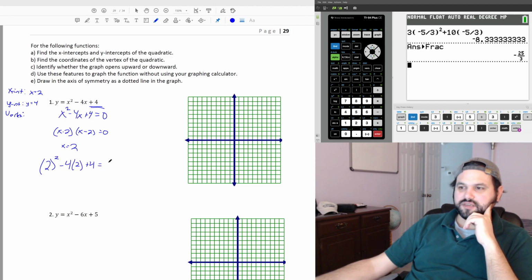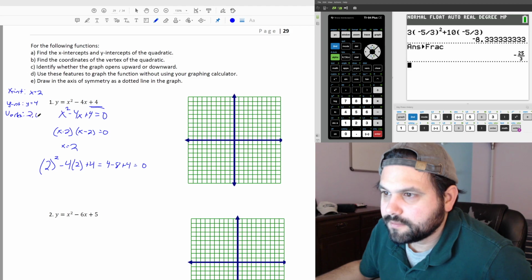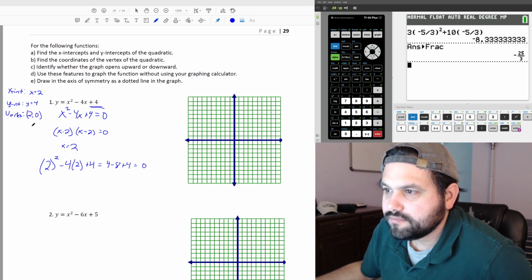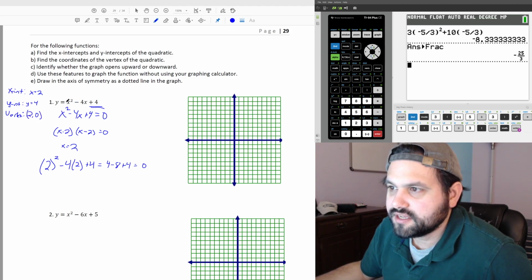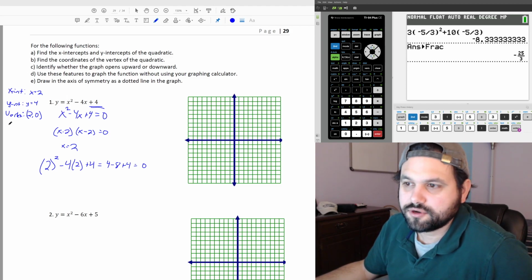And that's going to give me 4 minus 8 plus 4, and that's going to give me 0. So (2, 0) is the vertex. What's the a value of this? The a value here in front is a +1, so it's positive, so it's opening upward.